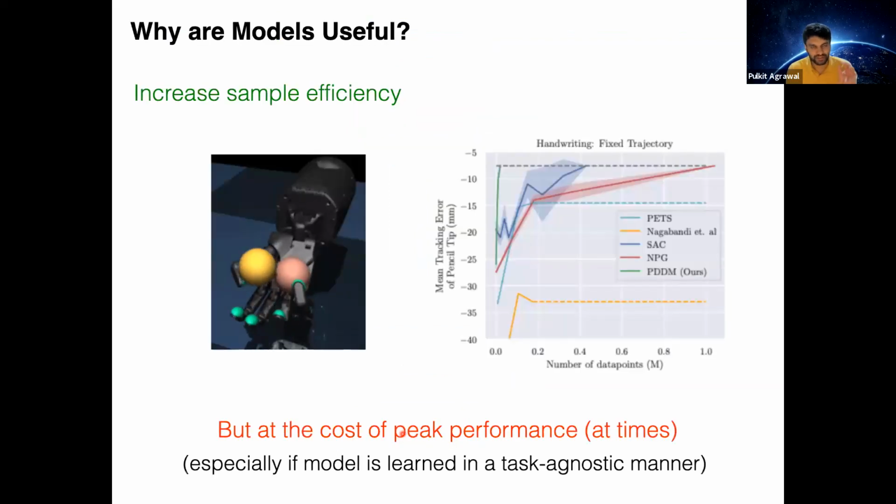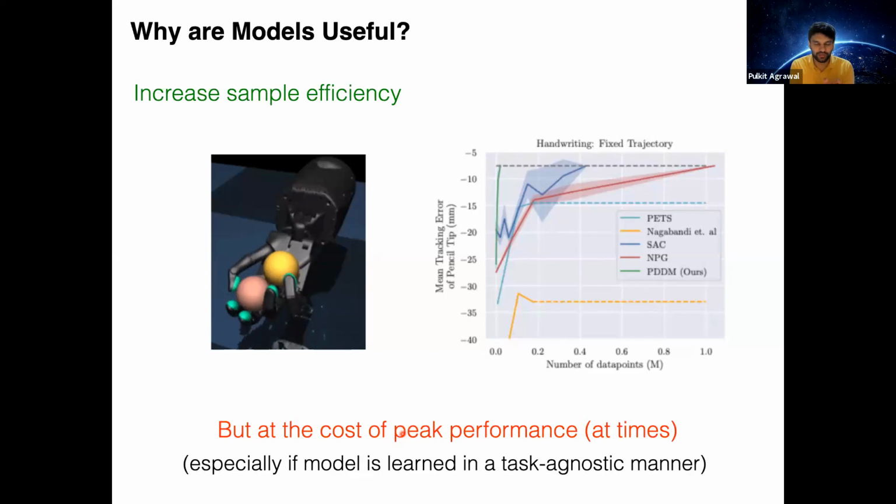But sometimes using models can come at the cost of peak performance. Why is that? Because the model is trying to learn the dynamics in all parts of the state space, so it might not approximate the part of the state space which is essential for the task.